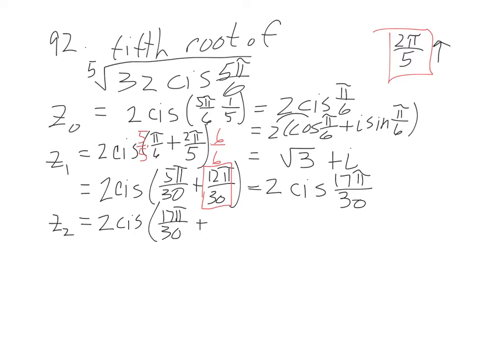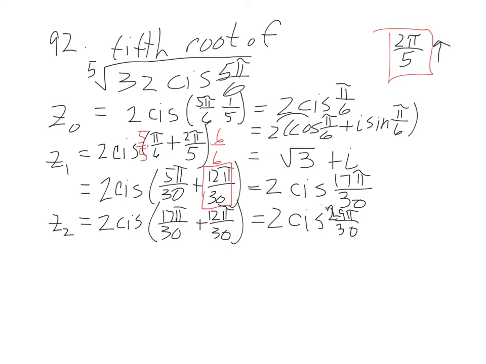So now once we have it once, we can continue adding that same amount over and over again. Makes it a little easier. So now we have 2 cis 29 pi over 30. Sorry about the sloppiness there, but hopefully you see that.